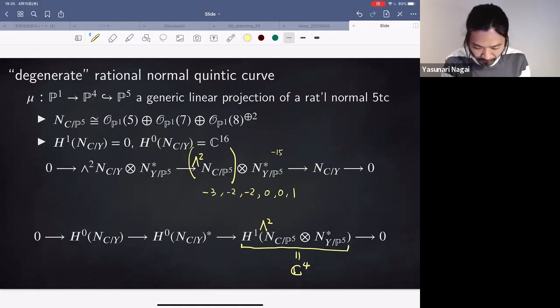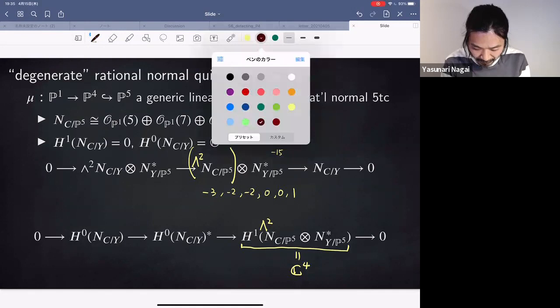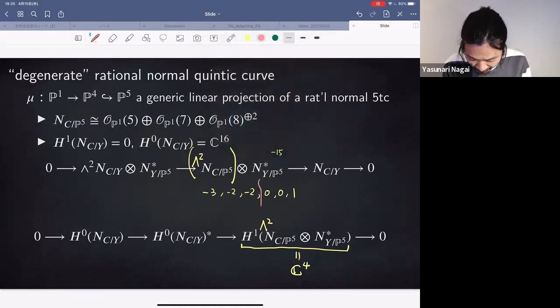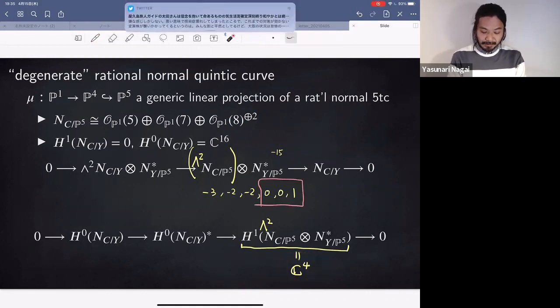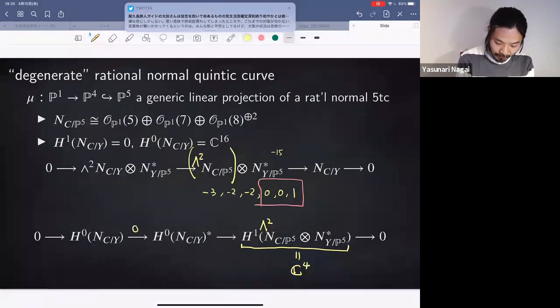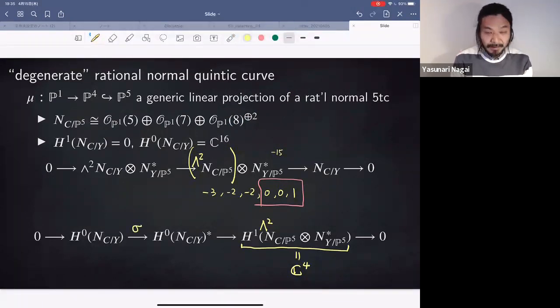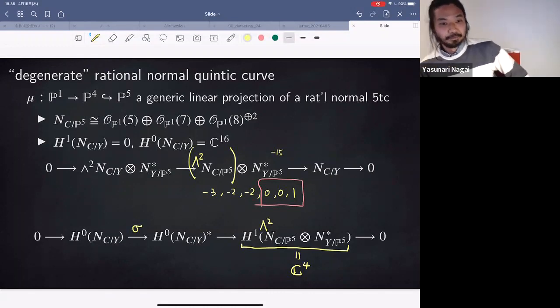So basically from here, you get the 4-dimensional kernel. That means the two form corresponding to this map has a 4-dimensional null space.